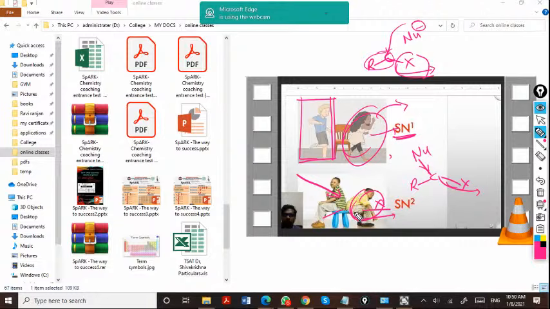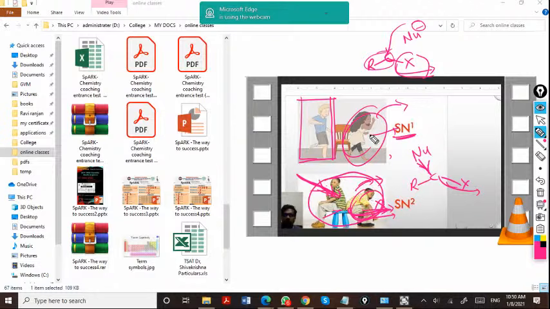But in SN2, the more he pushes, the easier it is to remove this. So the speed of the reaction depends on both: when the halogen tries to leave, the speed increases, and when the incoming group tries to push it, the reaction also goes faster.